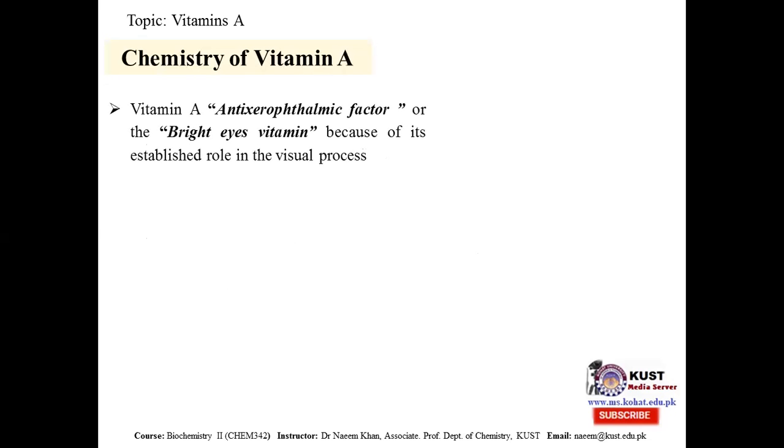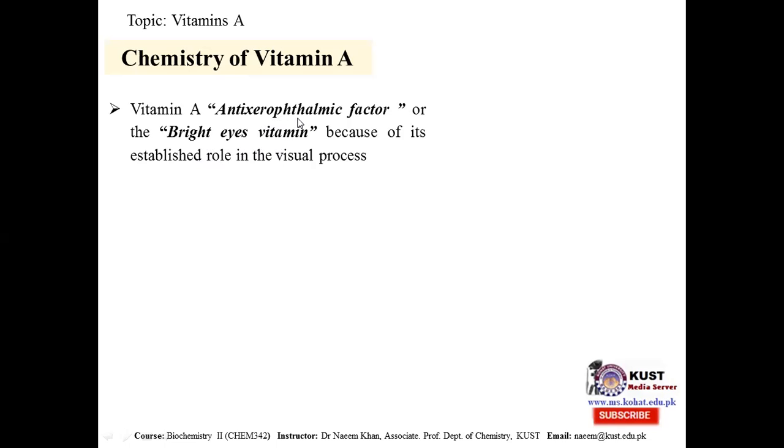Chemistry of vitamin A. Vitamin A is known as anti-xerophthalmic factor, or it is also called bright eyes vitamin. Why? Because of its established role in the visual process and in skin maintenance.